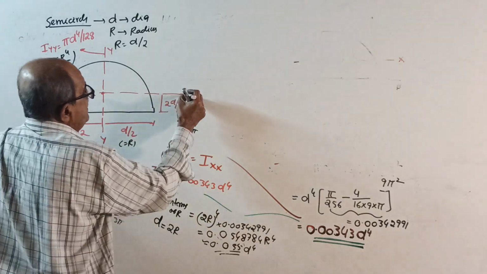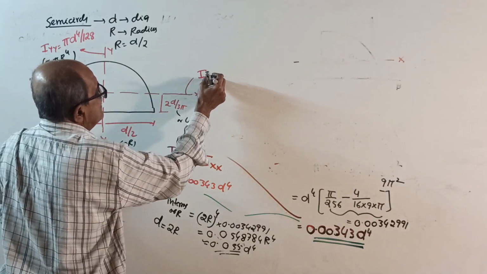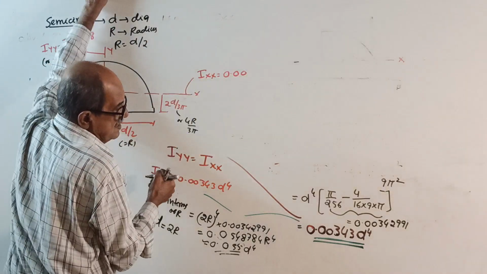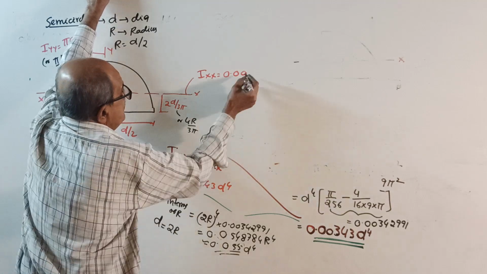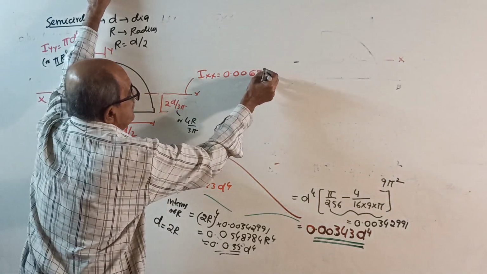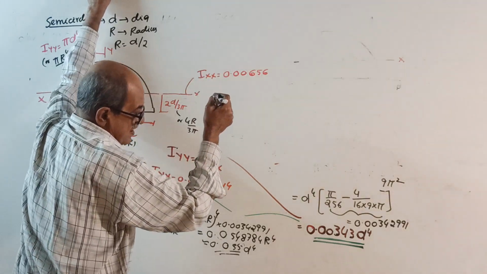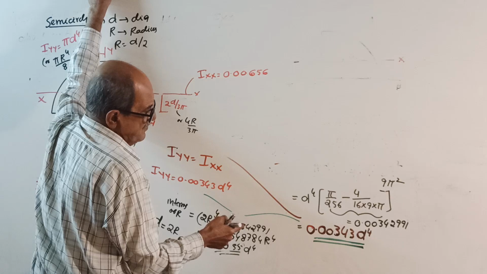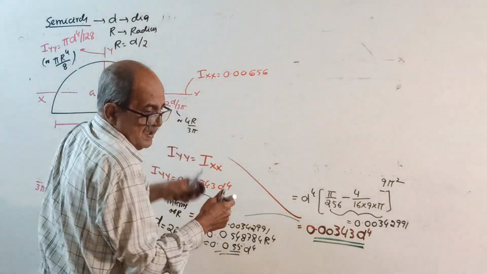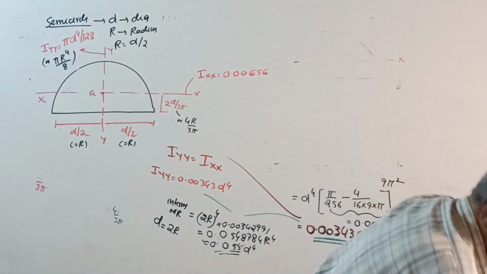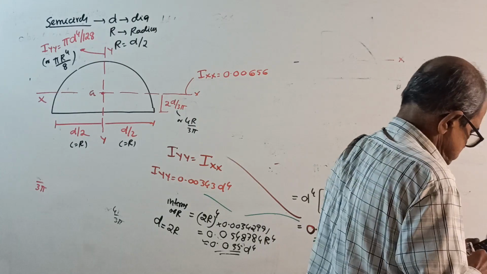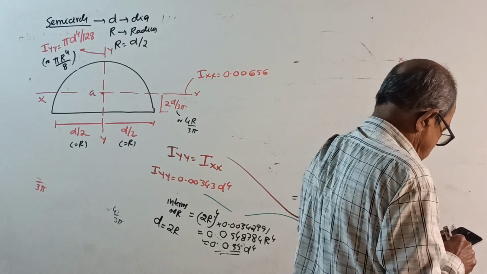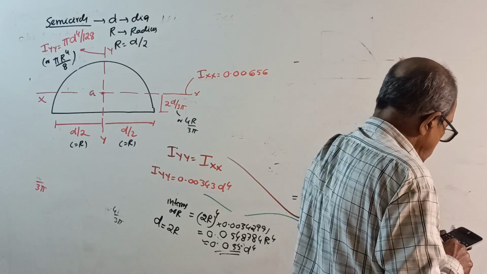Here, Ixx. 0.00656... I think it is 656. Again I forgot the number. I am not good at remembering numbers by heart. Anything which is a thumb rule I am weak in remembering.